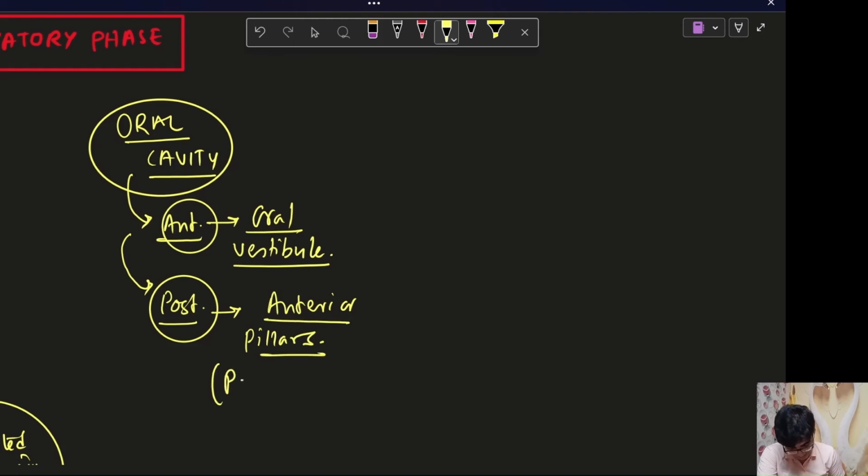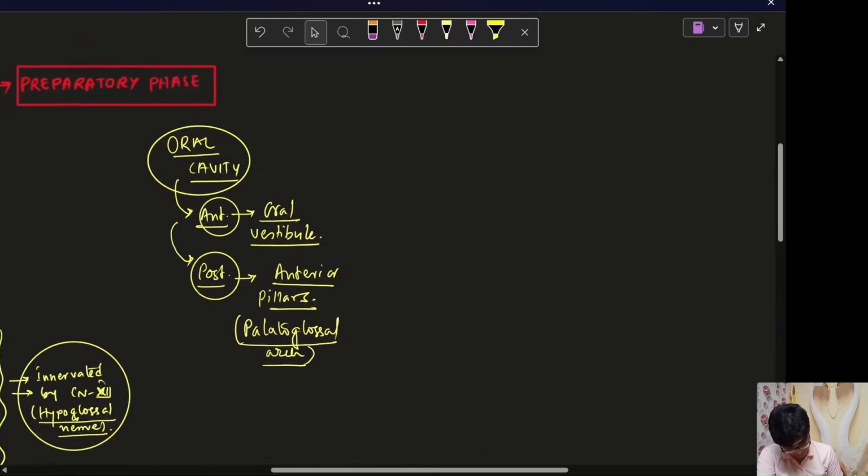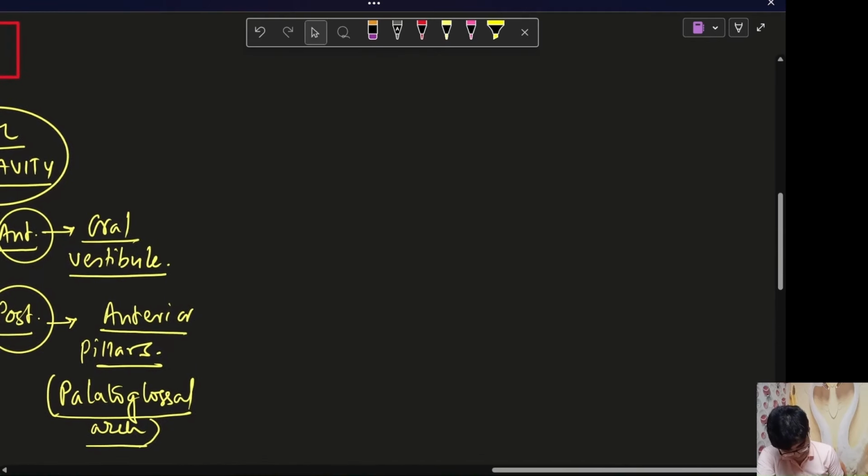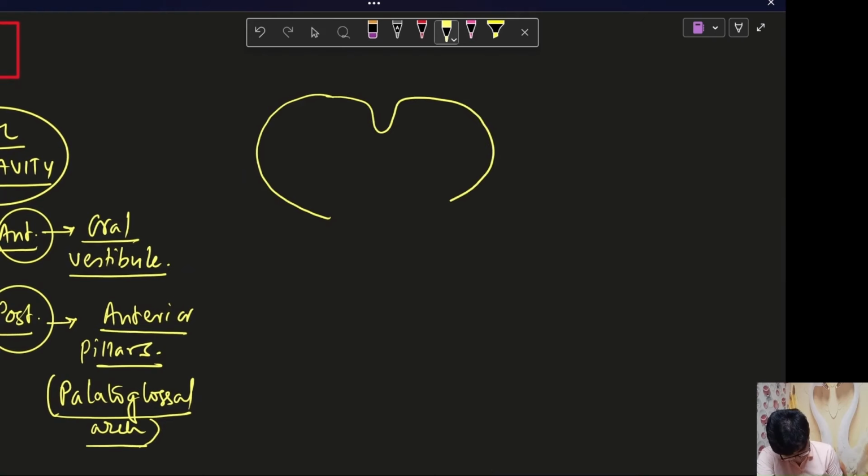Okay, that is the palatoglossal arch. Okay, so here only let us discuss the point where the oral cavity ends and from where the oropharynx starts.